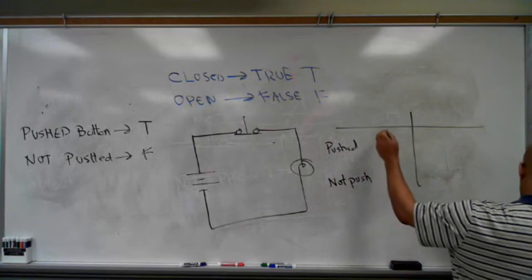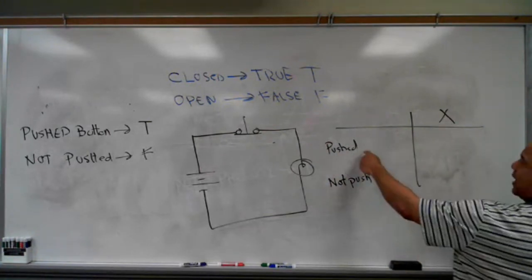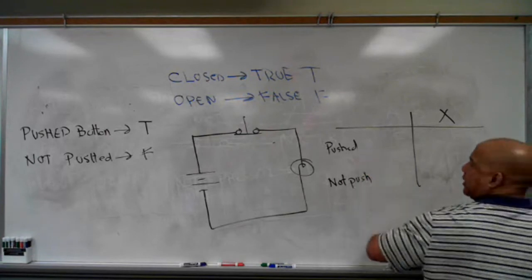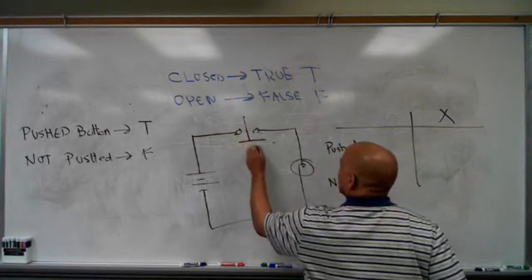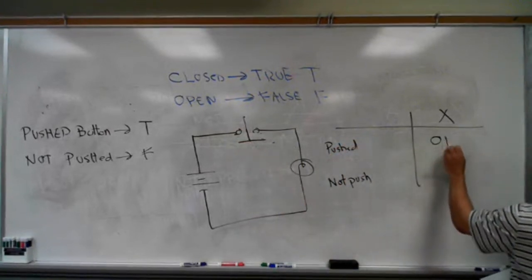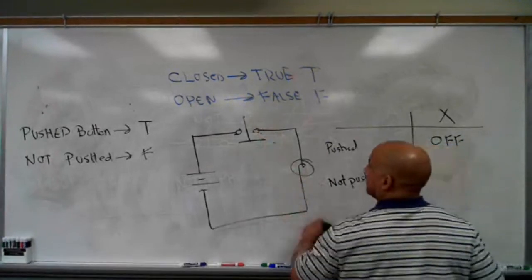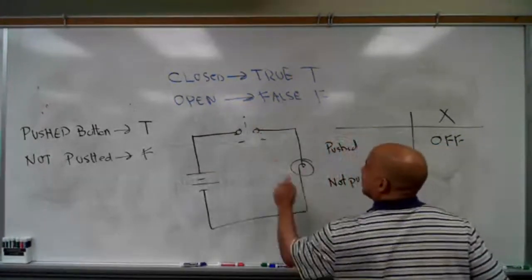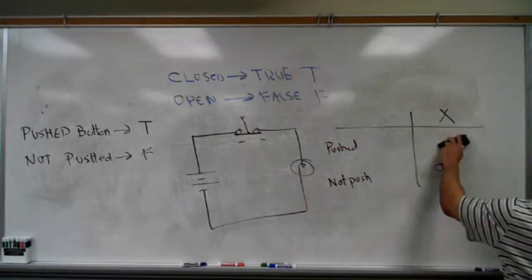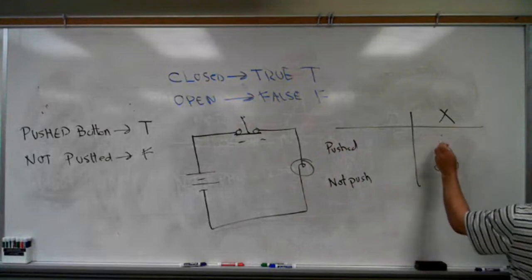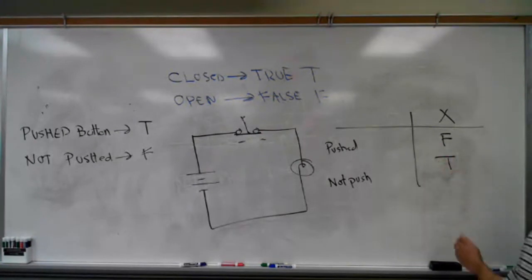And this is my output. Basically, if you push that button, then this is going to be off. If you release the button, because it's normally closed, then this is going to be on. So this will be false, and this will be true.